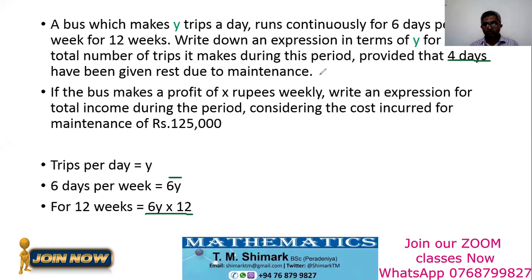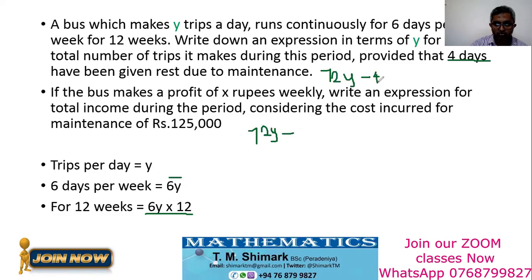So an additional 4 days are given as rest for maintenance. They did not say it's from the 7th day. Maybe it is another day. The rest on the 7th day is there, correct? 6 days running and the 7th day it is not running. But additionally they are giving 4 days for maintenance. That means now 72y minus 4.